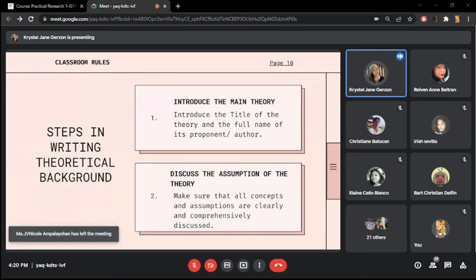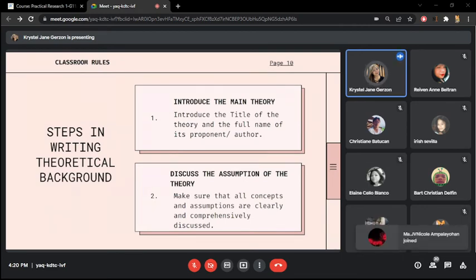So the best theory that I can probably think of is Abraham Maslow's theory of basic needs, or I'm sorry, the humanistic needs theory by Abraham Maslow.